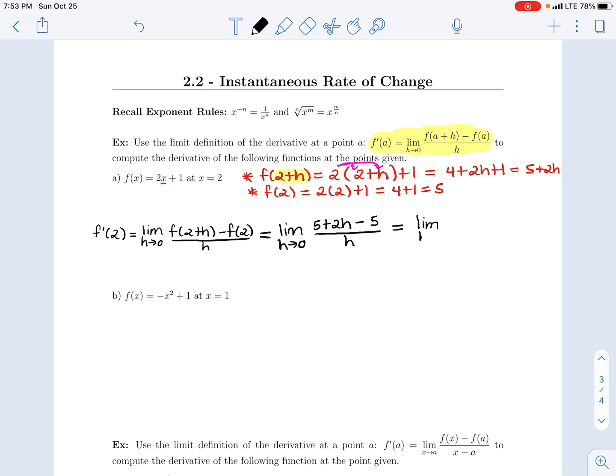Okay, and so now let's simplify the numerator. So the 5's cancel, and so what I'm left with in the numerator is 2h over h. And so you notice here also that these h's cancel. And so now I have this as just the limit as h approaches 0 of 2. And so what did we say that the limit of a number was? It's just that number. And so I have that the derivative at 2 of this function is just 2.